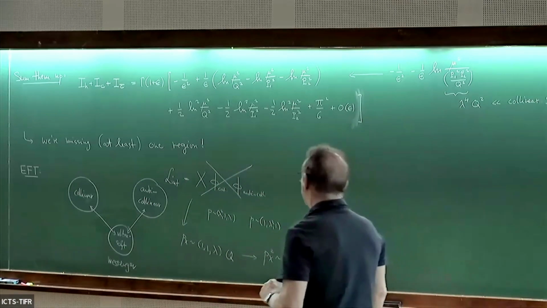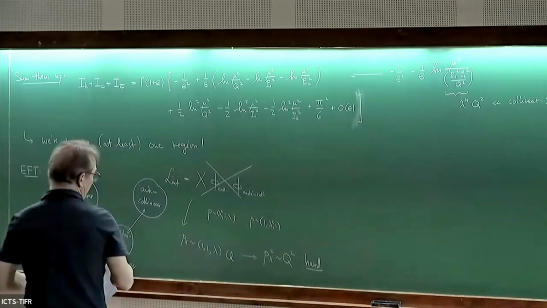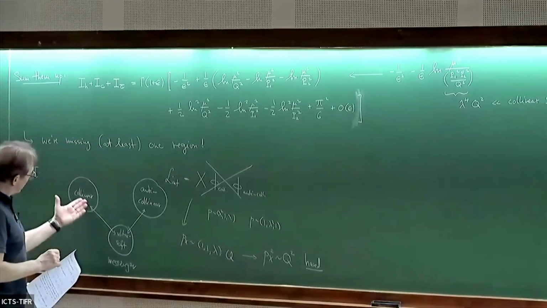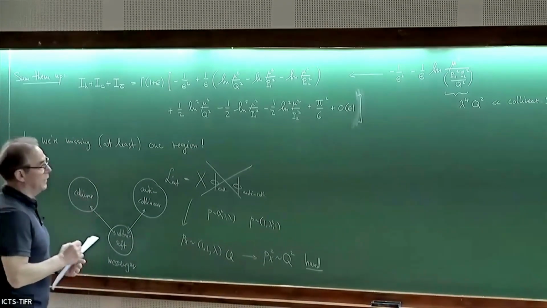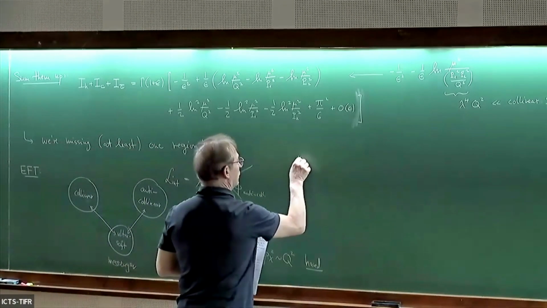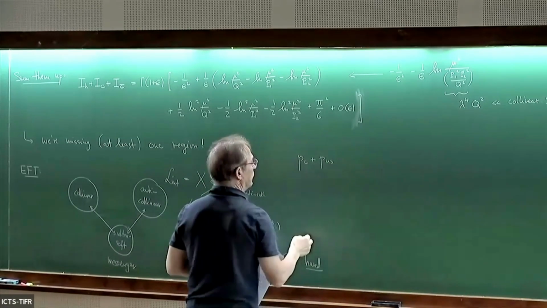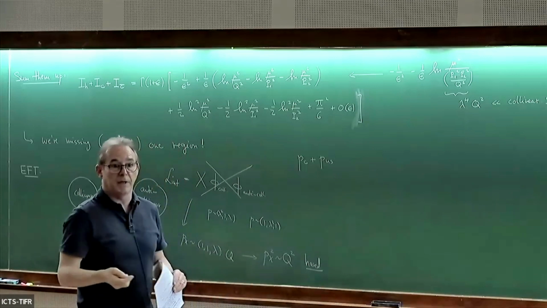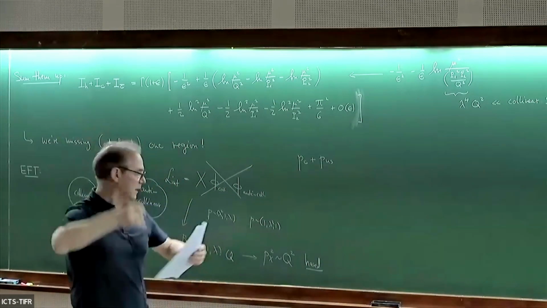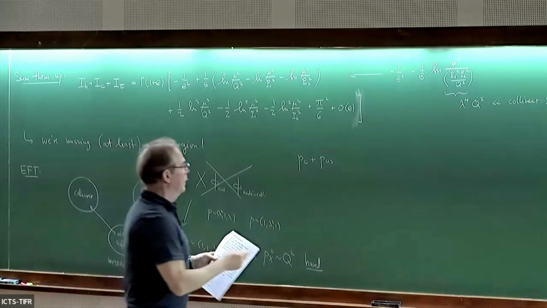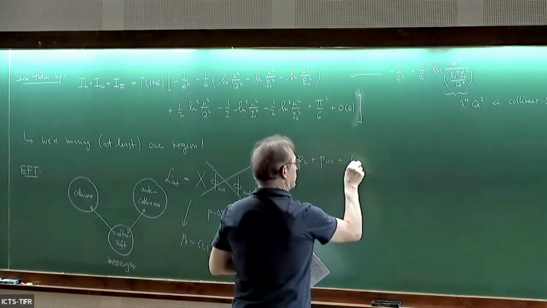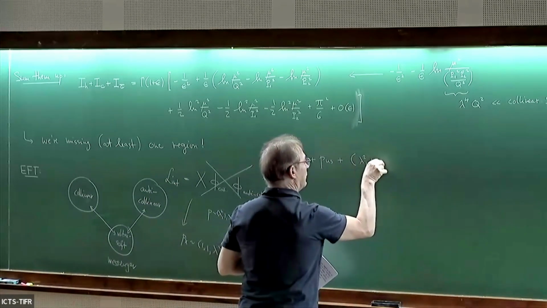And how are these ultrasoft particles built? Well, if an ultrasoft particle can interact with collinear particles, it means that if I take a collinear momentum and I add to it an ultrasoft momentum, this should stay a collinear momentum. It should not become something hard, like in this example here. The collinear scaling is (lambda squared, 1, lambda).